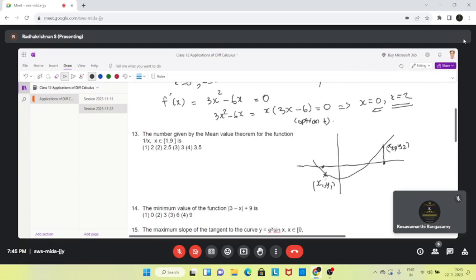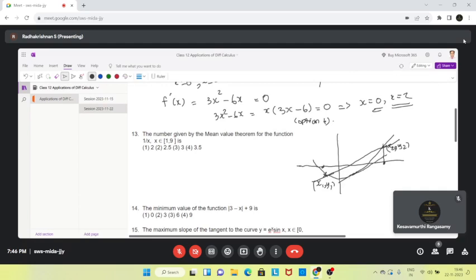Let us say 2 points on the curve, x1 comma y1 and x2 comma y2. Then what the mean value theorem says is that if you join these 2 points, you will get a straight line, right? Somewhere in between, in the open interval x1 to x2, there is some point where the slope is equal to this line.